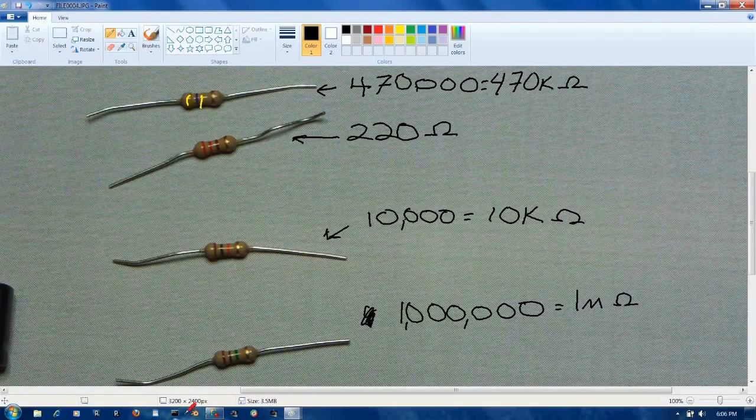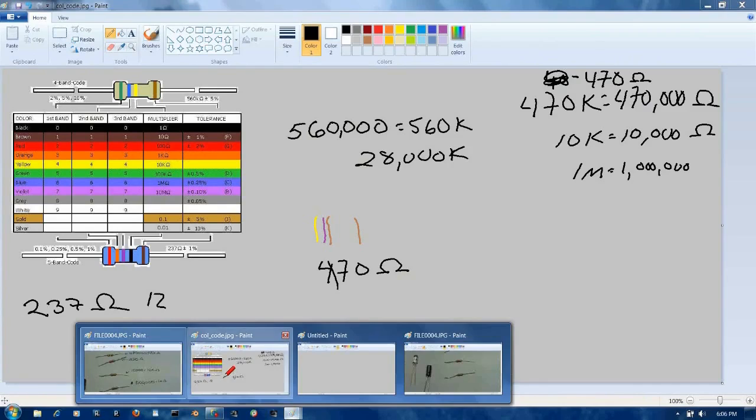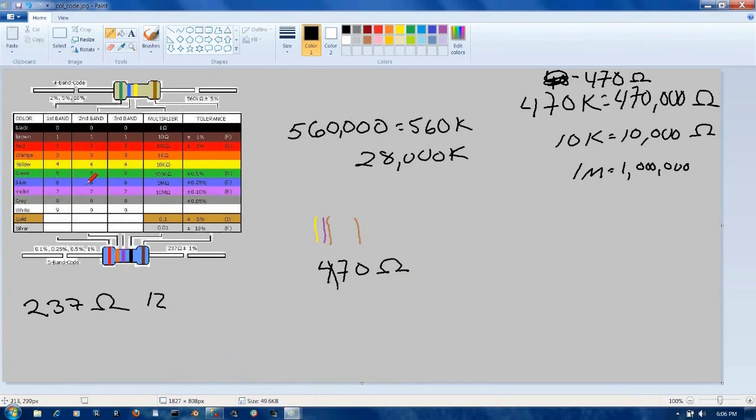And like I said, if you need to figure out what the colors are when you're looking in your parts bin, and you're looking for 640 ohms, let's actually do the colors here. 6 is blue. And sometimes blue and violet are hard to tell the difference.